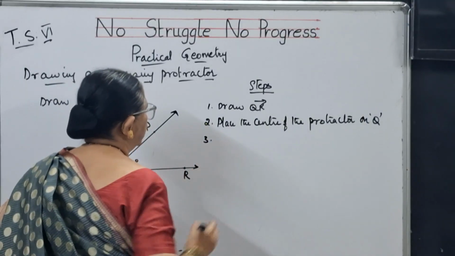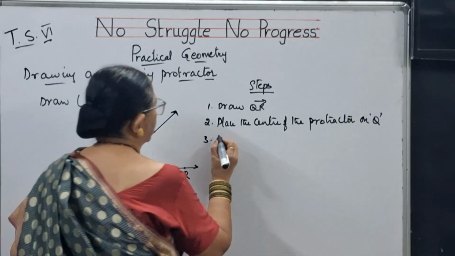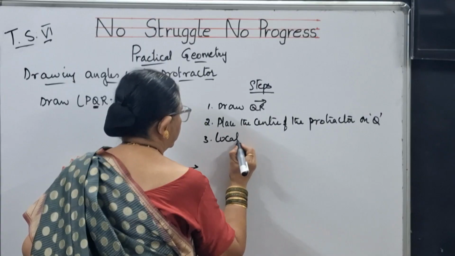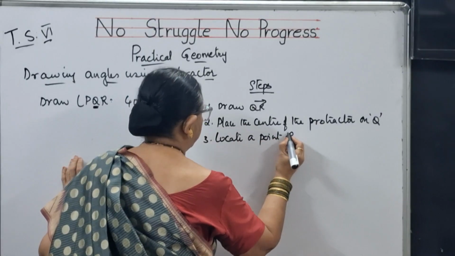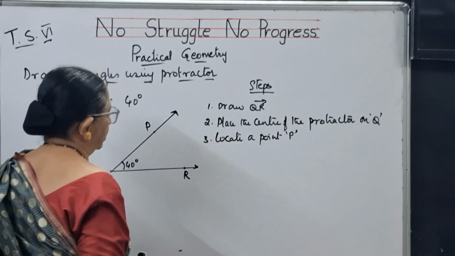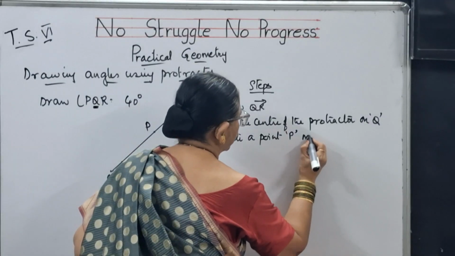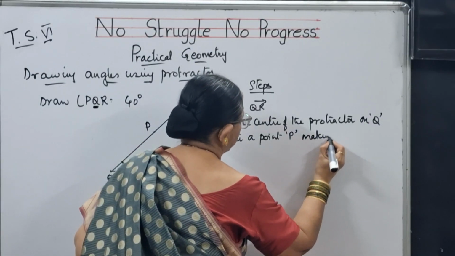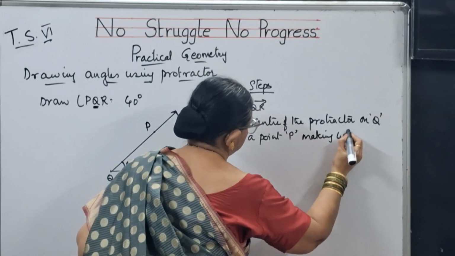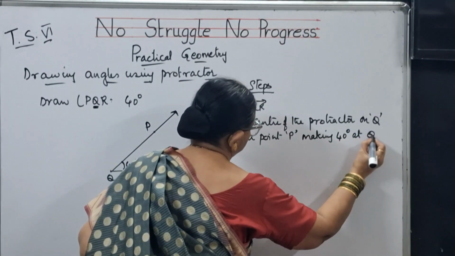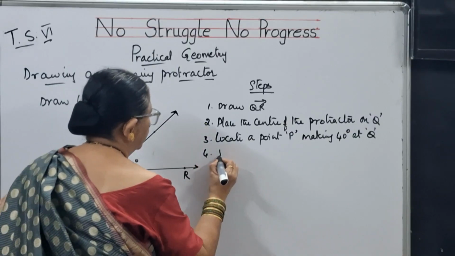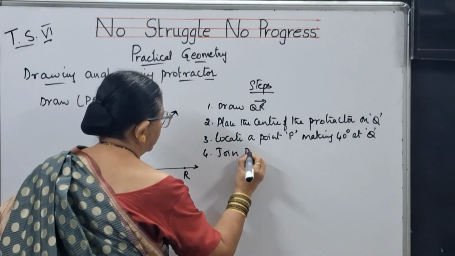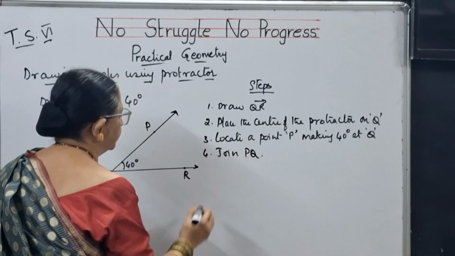And the third one, locate a point P making 40 degrees at Q. Then the fourth point, join PQ.